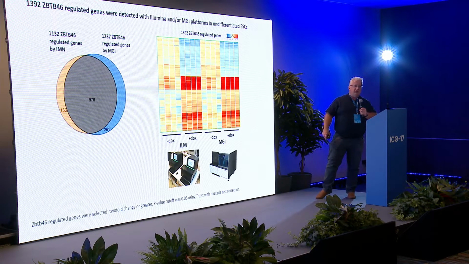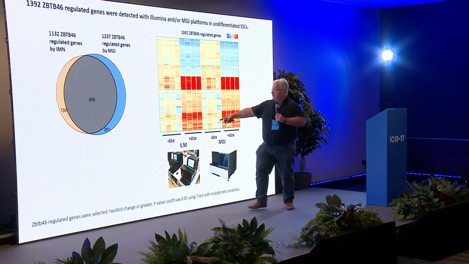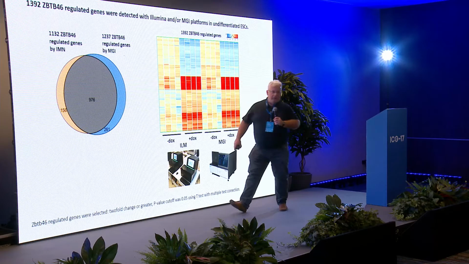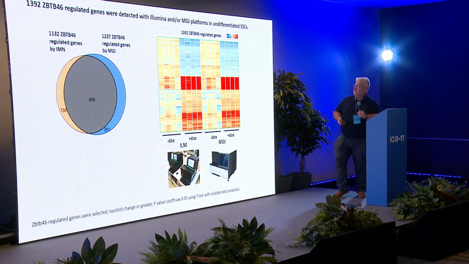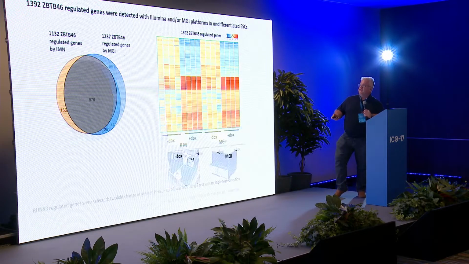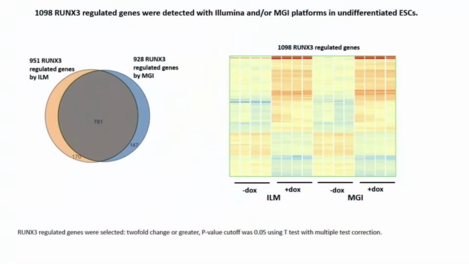Even in some individual samples, the gene expression pattern was slightly different, like in the second control sample, but the very same pattern was obtained using the two technologies. And obviously, we also analyzed the Runx3 regulated genes. So once again, we get highly overlapping gene sets which were regulated, and this cluster analysis also revealed a very similar pattern.